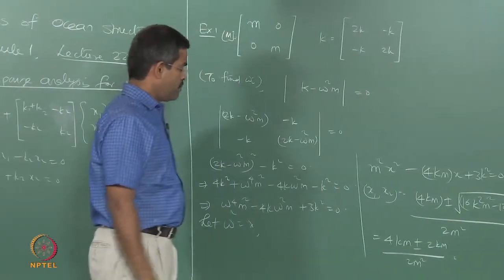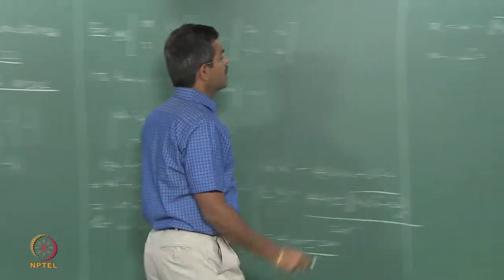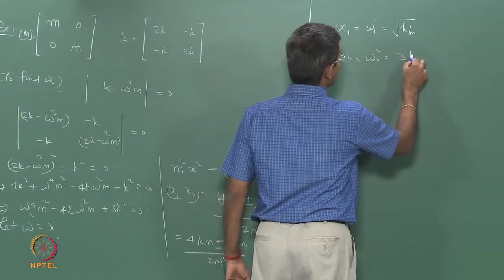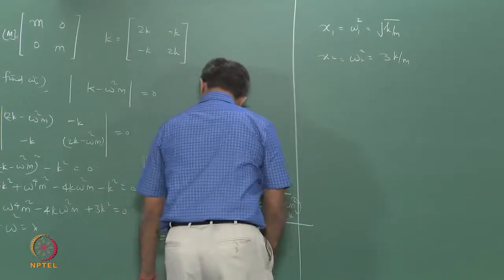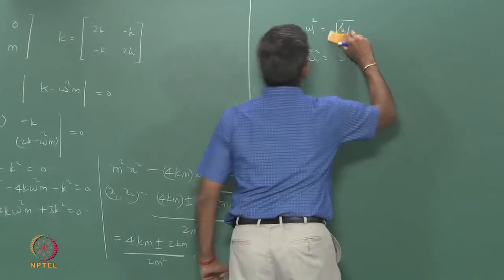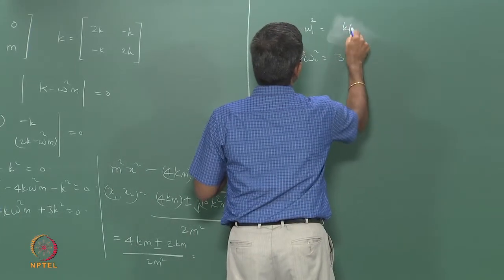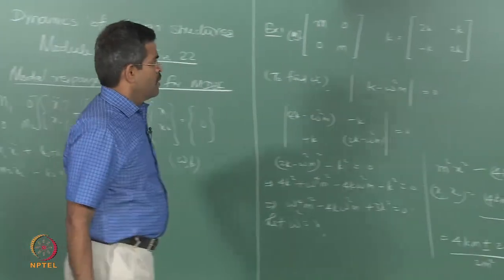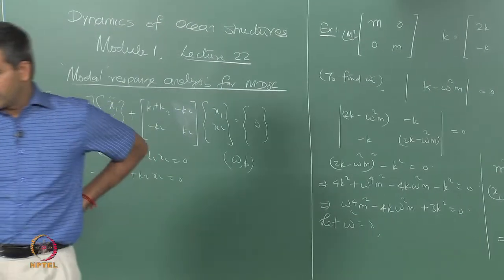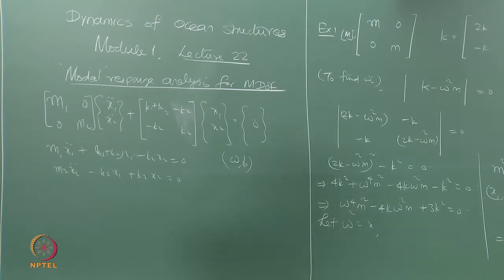Similarly, 6 km by 2m square, so 3k by m. Okay. It would be omega 1 square is k by m, and omega 2 square is 3k by m.